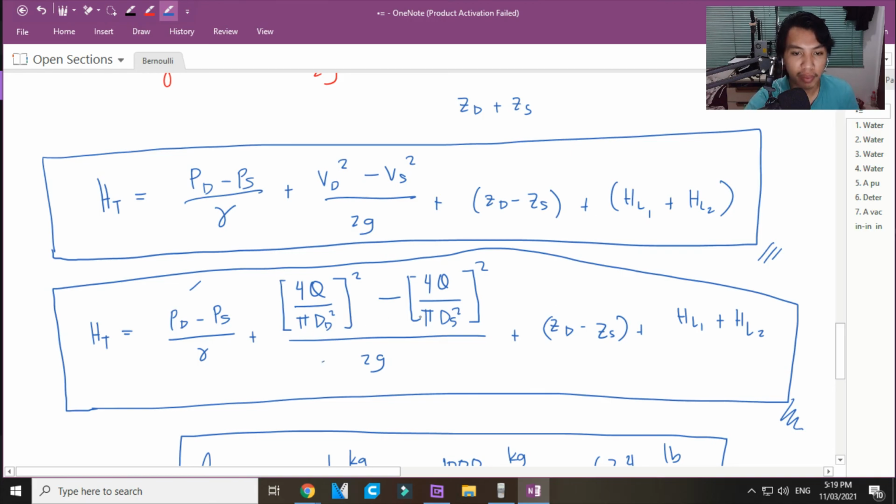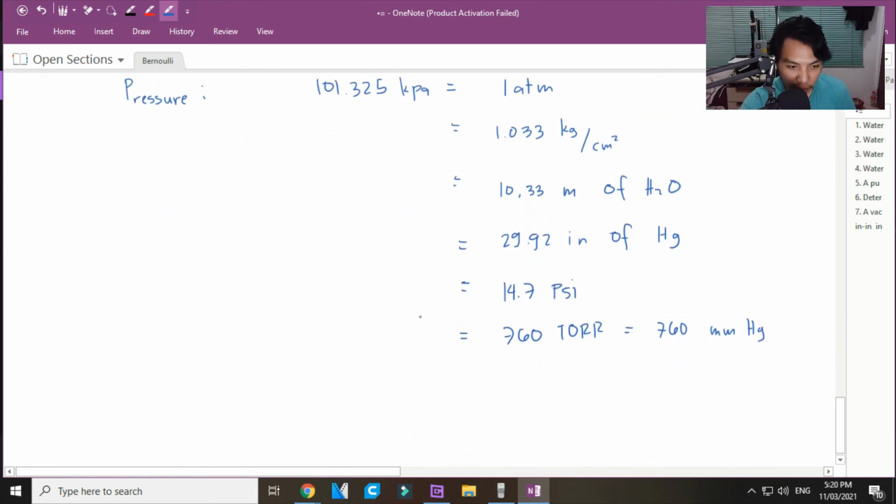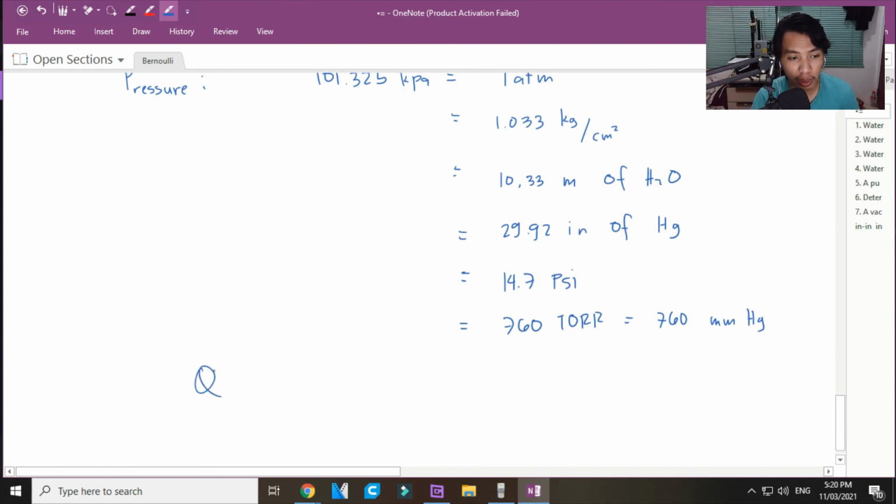Okay. Tapos, ang Q commonly, Q is measured in gallons per minute. Sa gallons per minute, okay? Ito yung mga calculation natin diyan. 1 gallon, okay? 1 liter. 1 gallon is 3.785 liters.